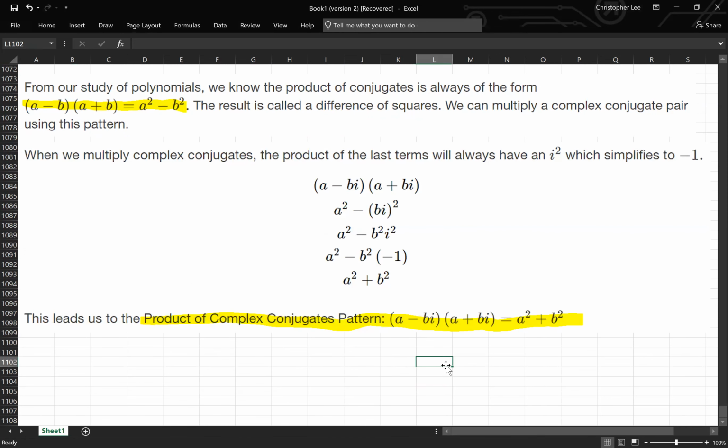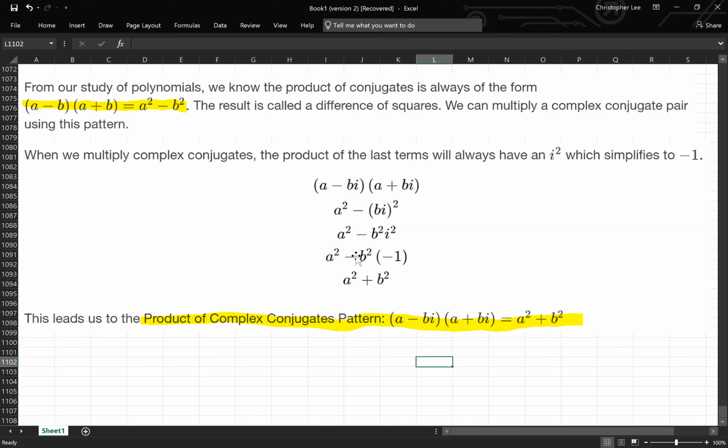So when we multiply complex conjugates, the product of the last terms will always have an i squared, which simplifies to negative 1. So a minus bi times a plus bi becomes a squared minus b squared times i squared, which will become what?